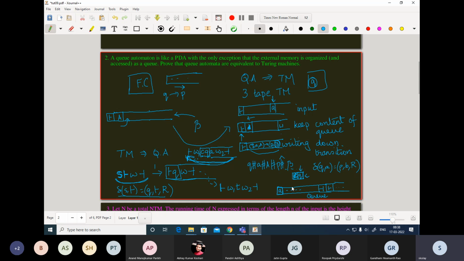What should I do over here to maintain the invariant that my current state should be on the right hand side of these two positions, and the current tape content that my tape head is reading should be on the left of the queue? We can pop A and push B. Pop A, so you pop A out and you push B at the end.